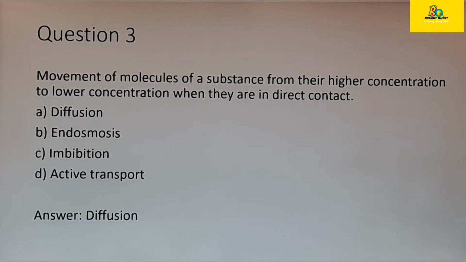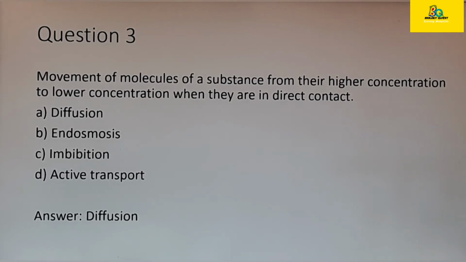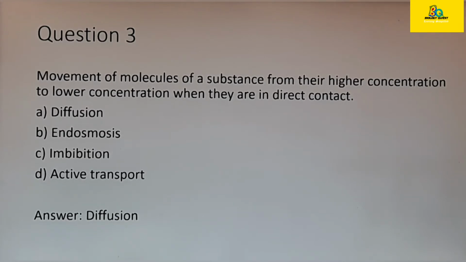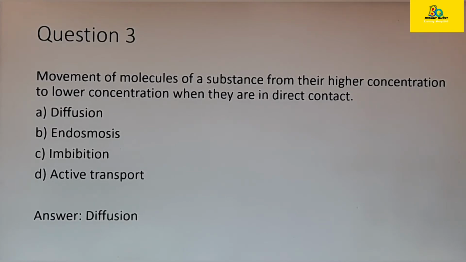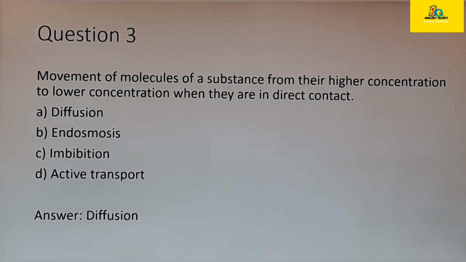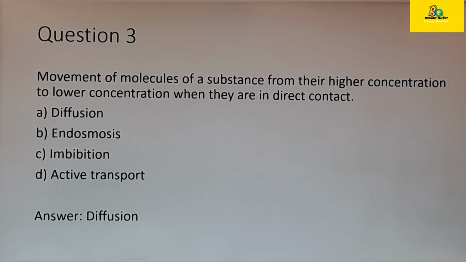That is the attraction of water molecules onto the surface of dead or living plant materials like for example cellulose. And active transport is the transport of ions from a region of their lower concentration to a region of their higher concentration using energy. So the correct answer is diffusion here. For such type of questions, you should know the definitions of these terms.